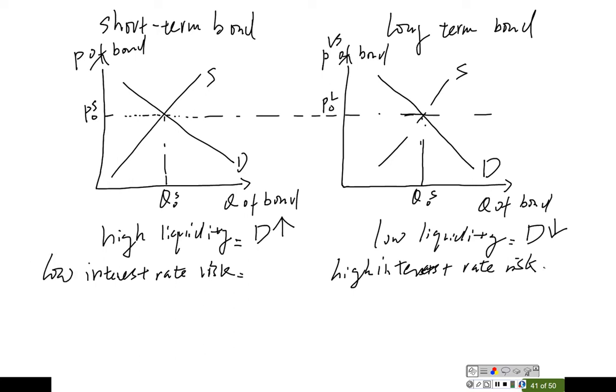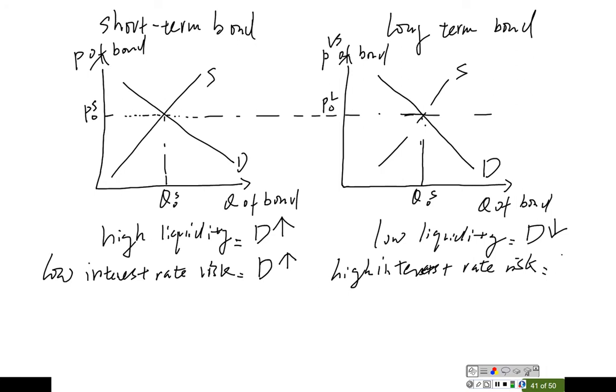And then comes the question, how does the risk affect the supply and the demand of the bond market? Risk is one of the factors that affect the demand side. Because the short-term bond has a lower interest rate risk, demand for this bond will increase, because investors dislike risk, so they prefer to buy low-risk assets.